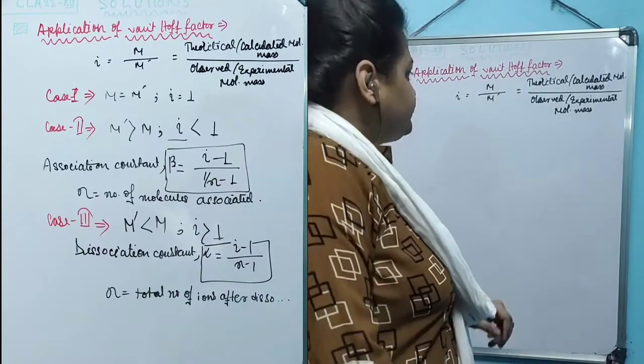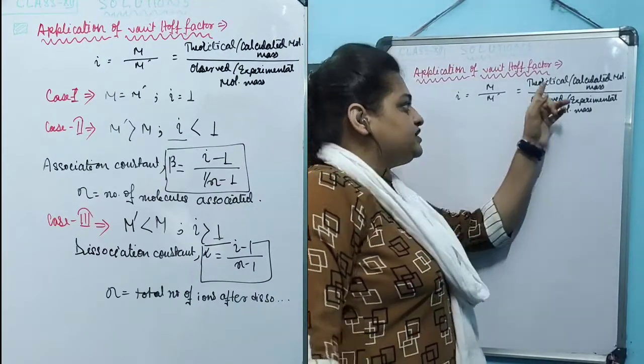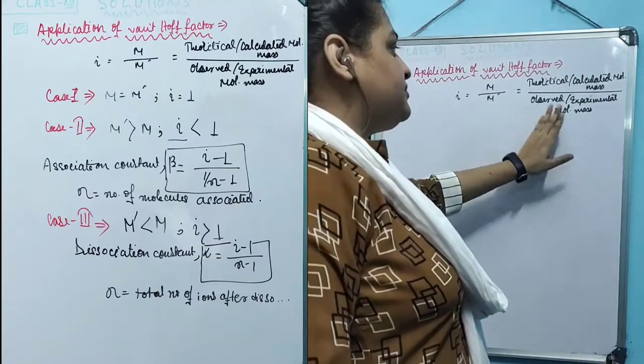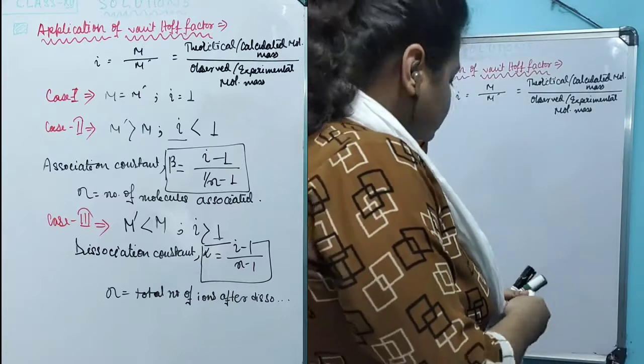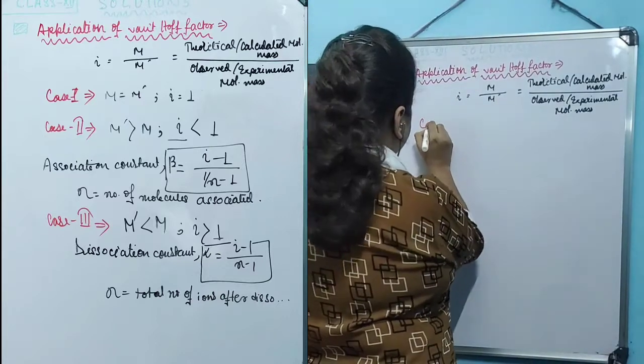Van 't Hoff factor is given by M, that is the theoretical or calculated molecular mass, by M prime, the observed or experimental molecular mass. Now there are 3 cases that can be observed.